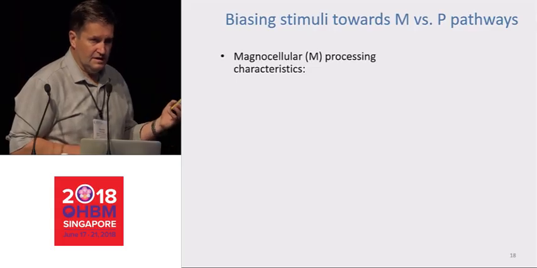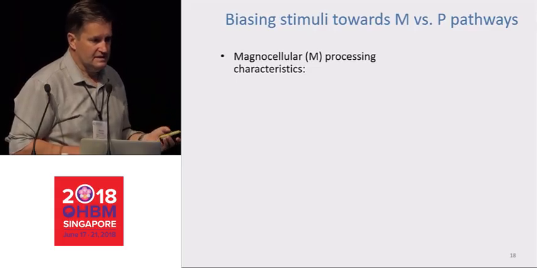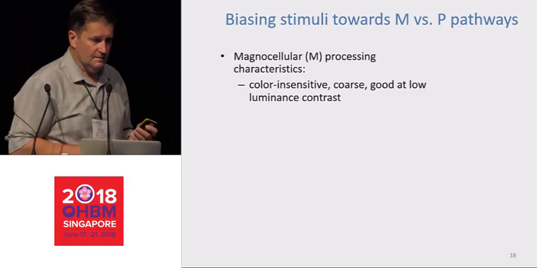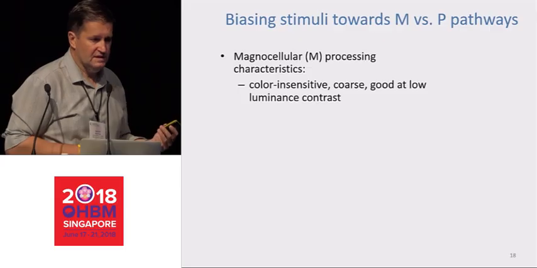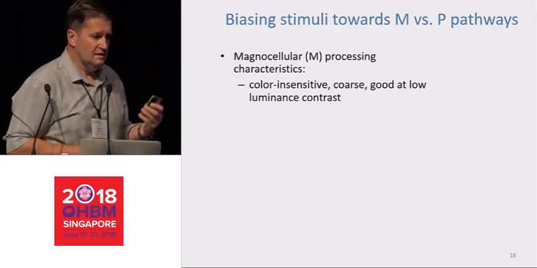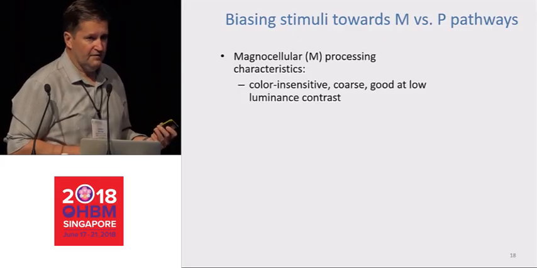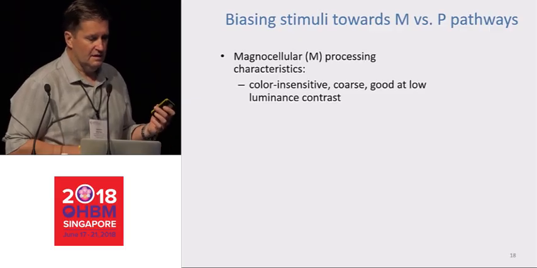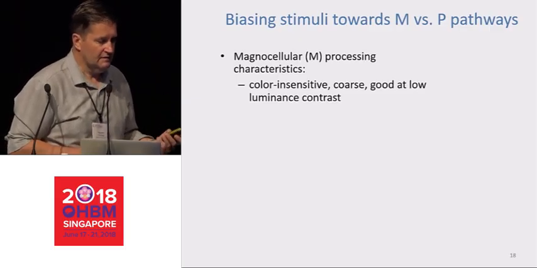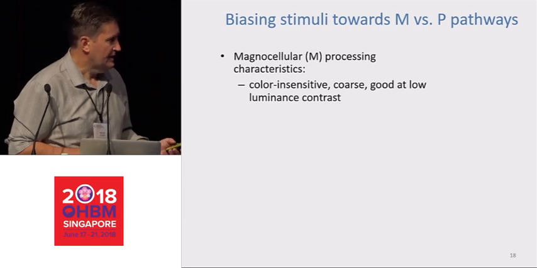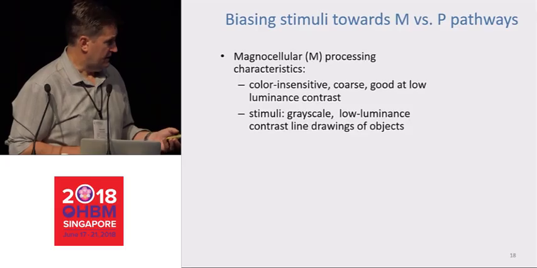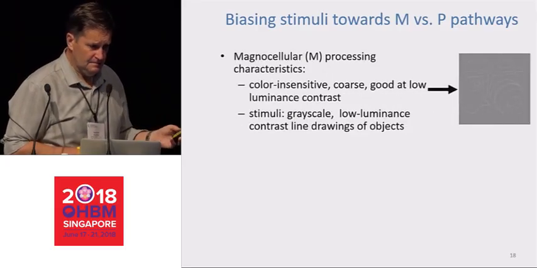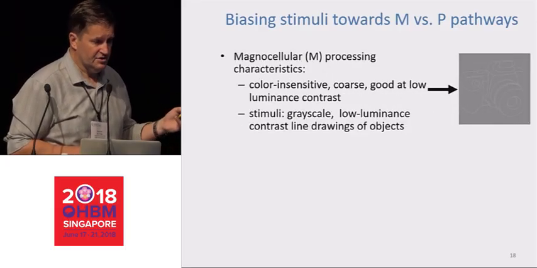As you probably know, the magno pathway has high temporal sensitivity, is color insensitive, coarse, low spatial frequency, and can pick up very low luminance contrast. So our stimuli had less than 4% luminance contrast, and they looked like this in the original study. This was done with objects initially, 10 years ago.